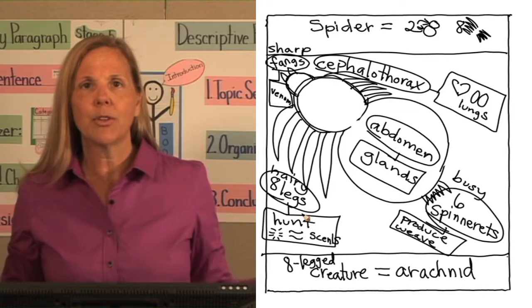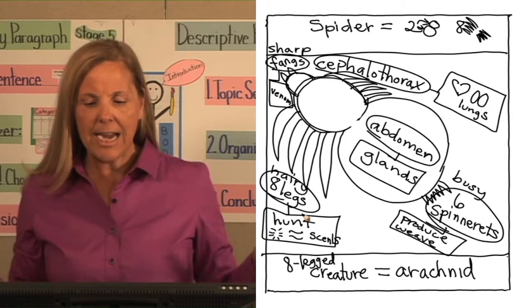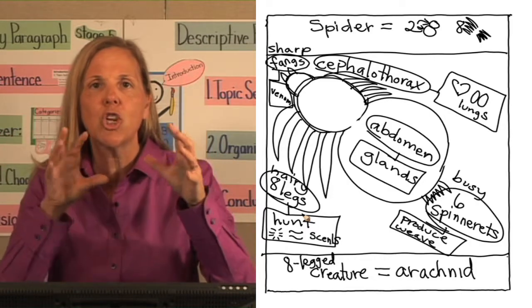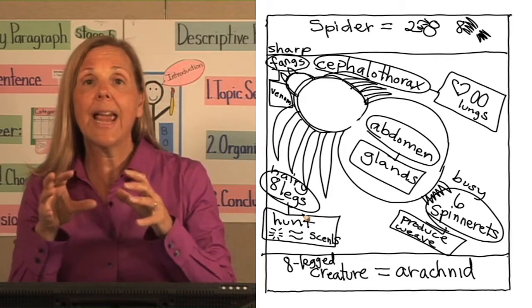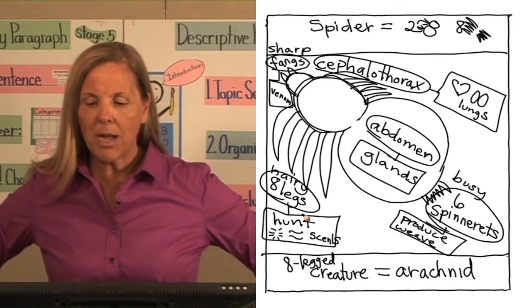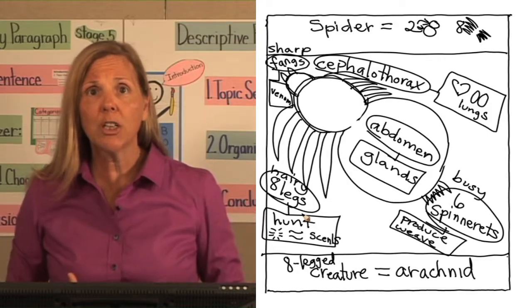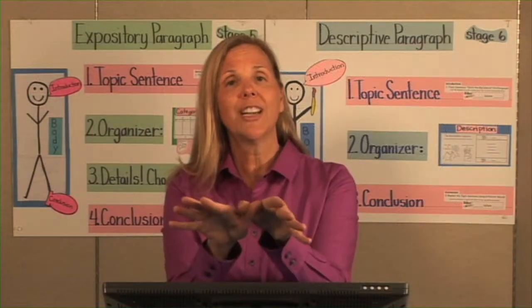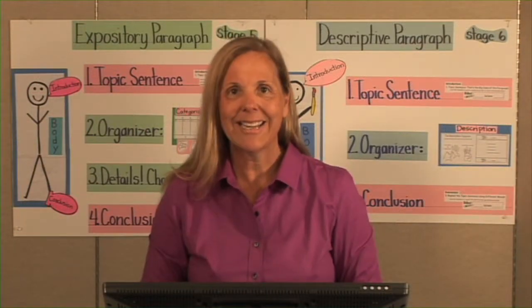Sticking out from the top of the body are 8 hairy legs, so it can detect smell, motion, air currents, and sound. On the bottom of its body is the abdomen, filled with glands to make the silk for its web. This 8-legged creature is an interesting arachnid.